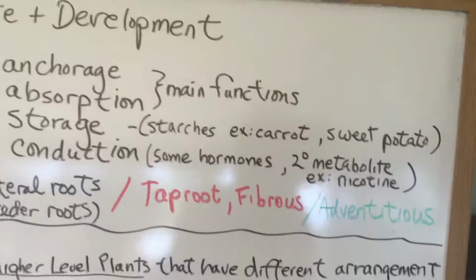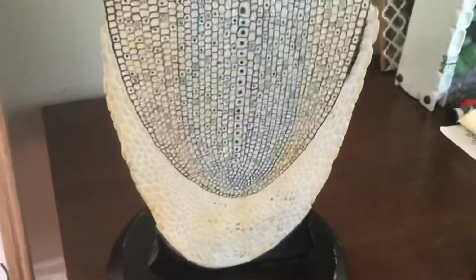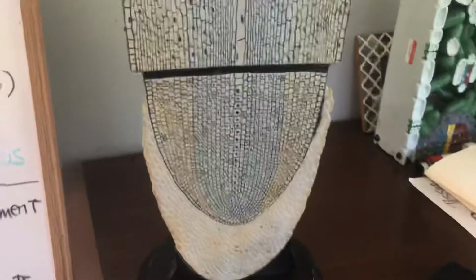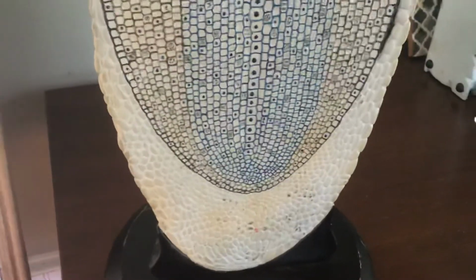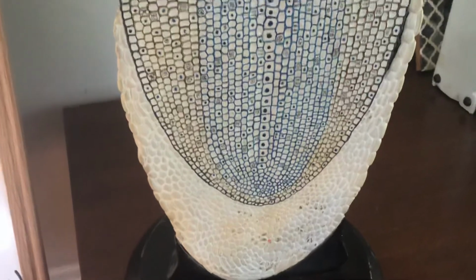Okay, there are some other root modifications, but we'll talk briefly right now about how a plant will start to grow. So this is a model of a root. We are going to talk about the structures and the orientation of the different tissues up here in a minute, but right now I want to tell you how the root is going to grow. We talked about this briefly before, how there are meristems, or what we call apical meristems, in the roots.